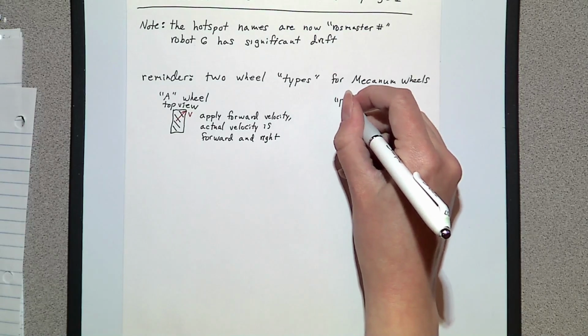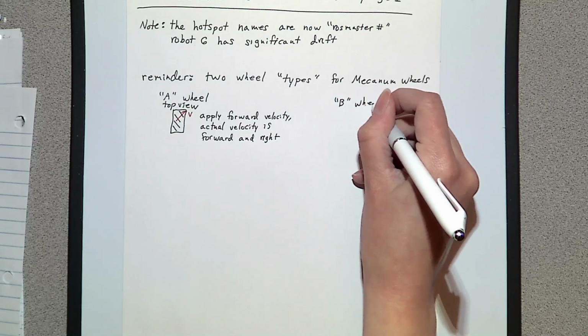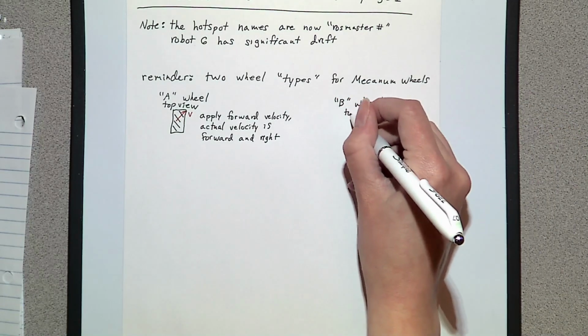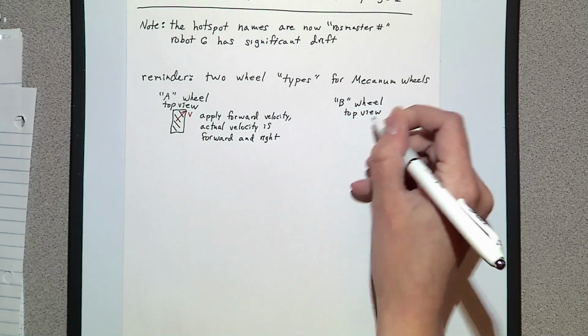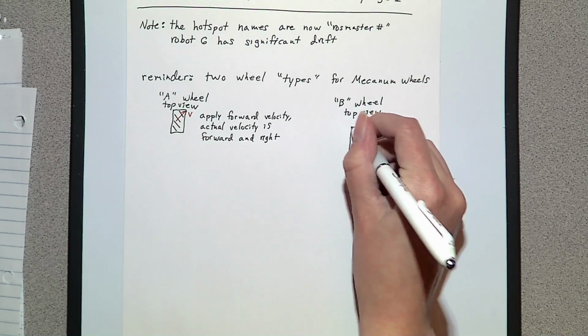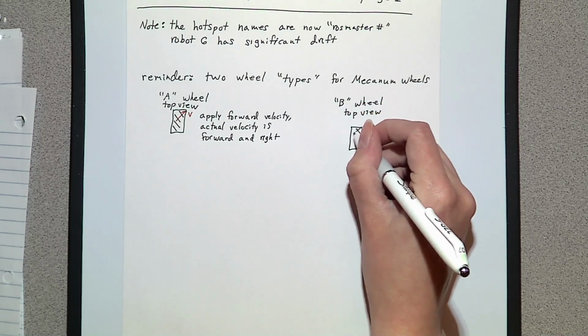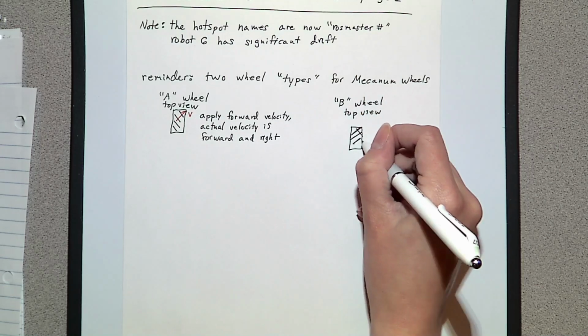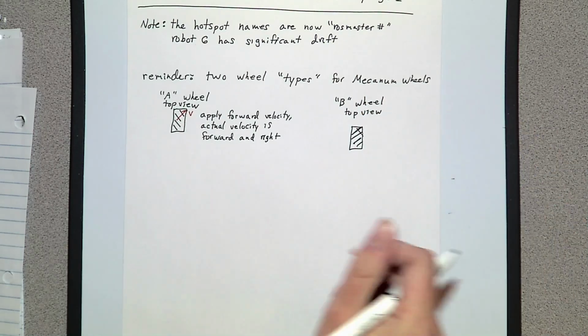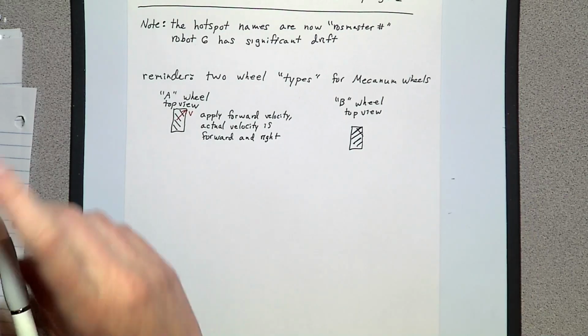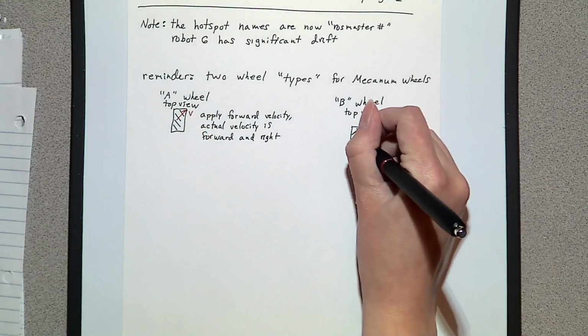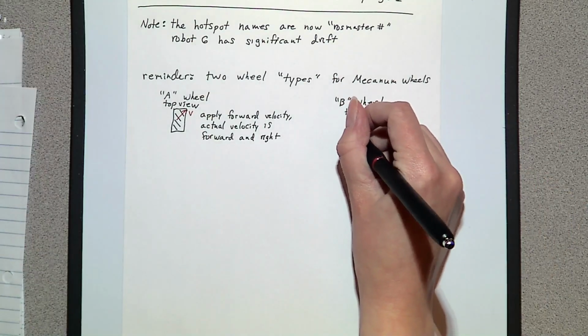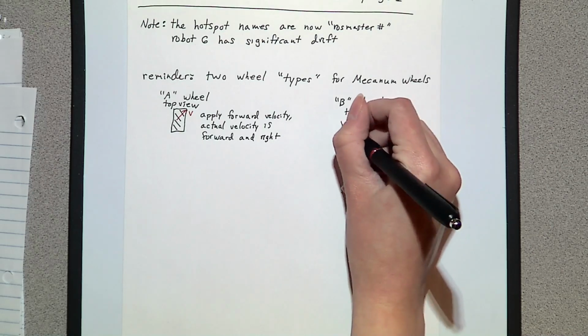And then we have the B wheel. So this is where we have from the top view that the rollers are in the opposite direction from the A wheel. And in this case, if we apply a forward velocity, then we get forward left motion.